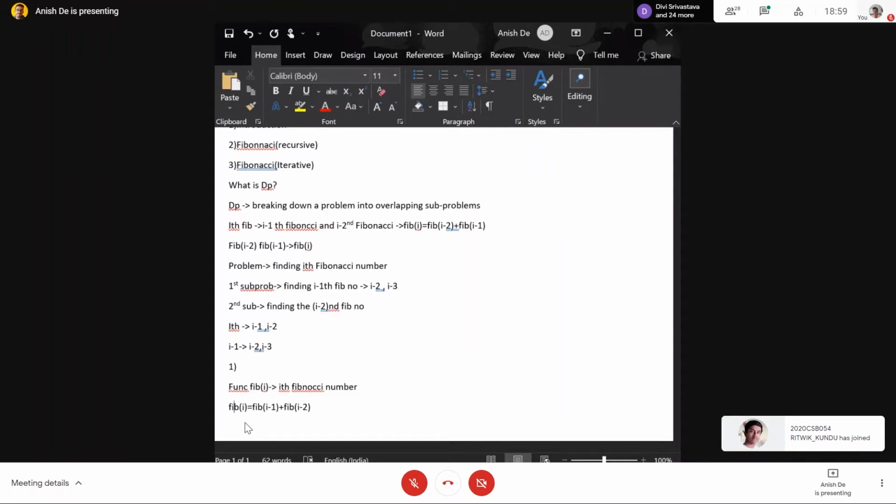So for finding the ith Fibonacci number, first we find the I minus 1 and I minus 2 Fibonacci numbers using this function, and then we just add. If we write the function here, it will be something like this.